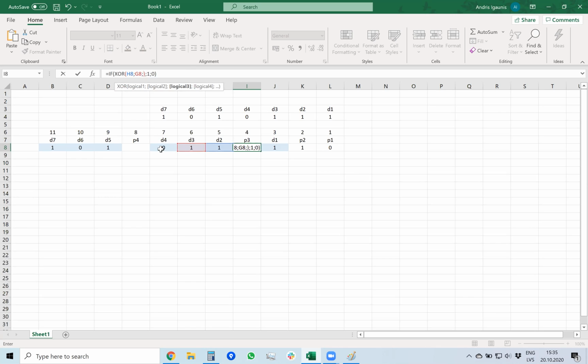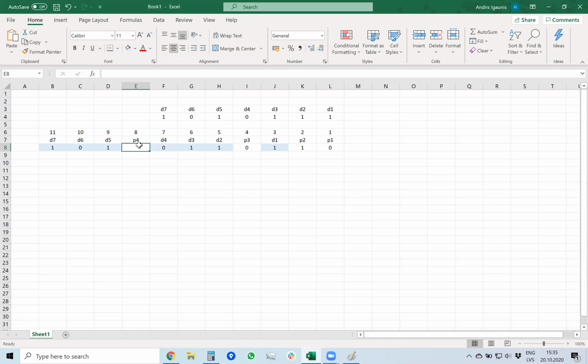And 7 is 4 plus 2 plus 1. And 9 is 8 plus 1. 10 is 8 plus 2. And 11 is 8 plus 2 plus 1. So that's all for this one. So parity bit is 0. And for 8, it's the same formula, but for 8, 9, 10, and 11 participate. So we have this thing here.